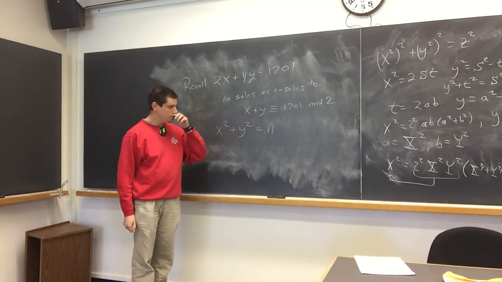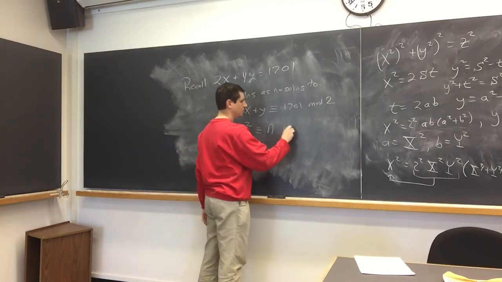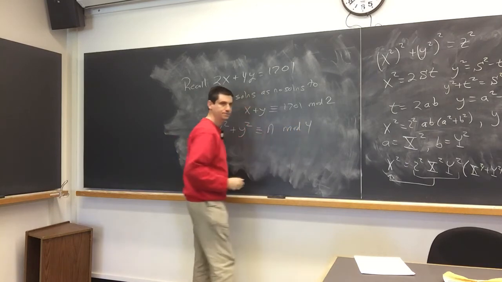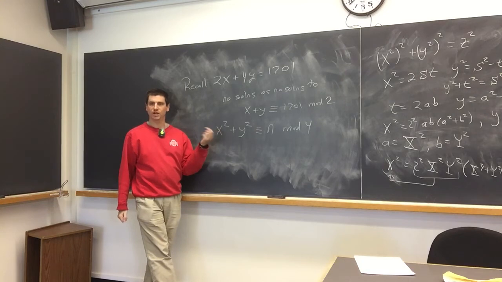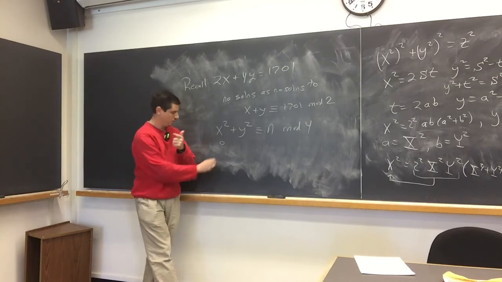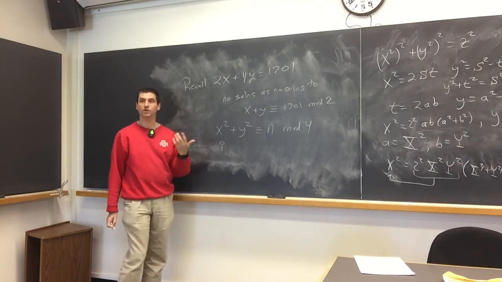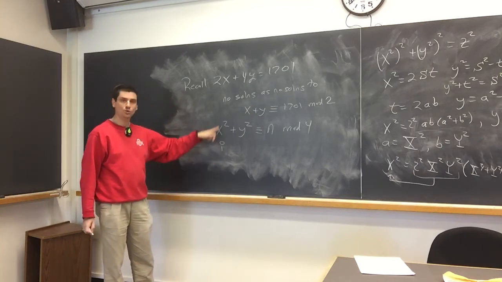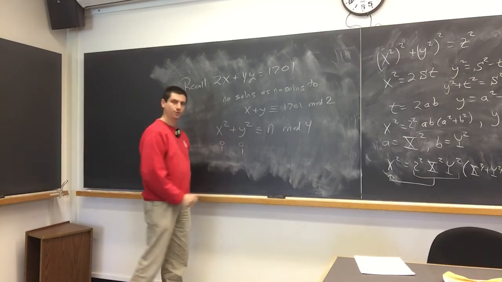In all of these things, you want to decide what you want to look at things modulo. And we're going to look at this mod 4. So when I look at numbers squared mod 4, 0 squared is what mod 4? 0. What's 1 squared mod 4? 1. What's 2 squared mod 4? 0. What's 3 squared mod 4? 9. So x squared is either 0 or 1 mod 4. y squared is 0 or 1 mod 4.